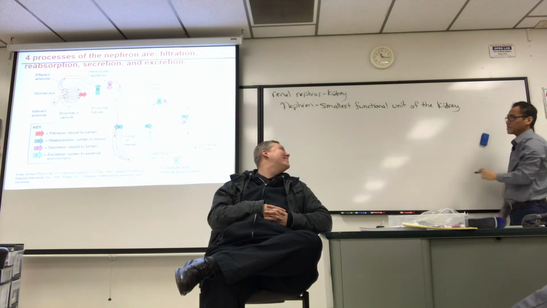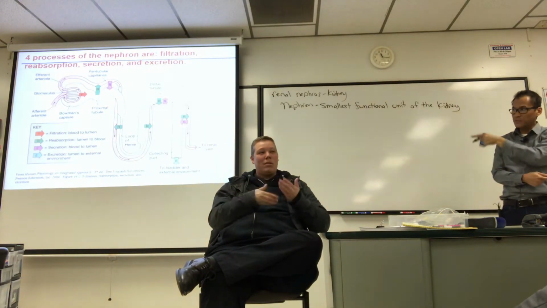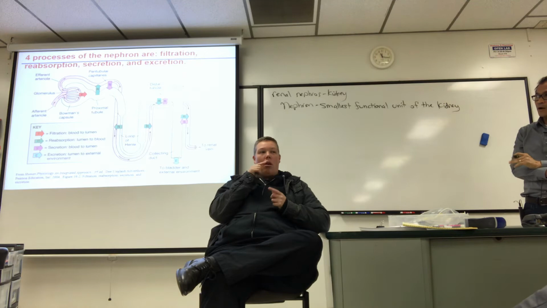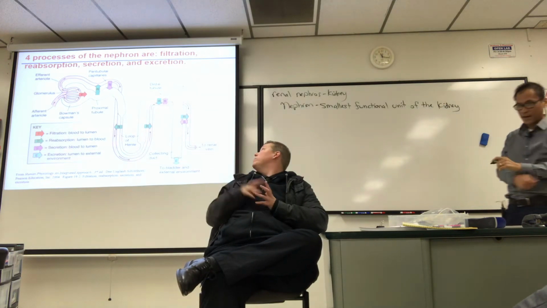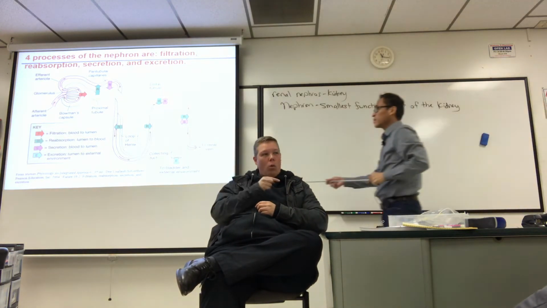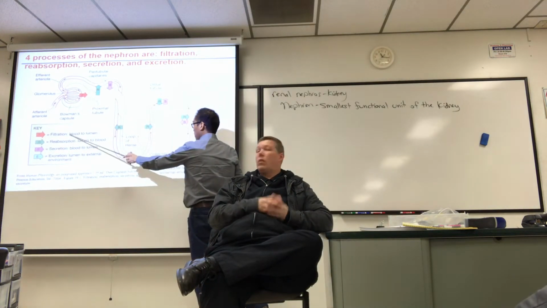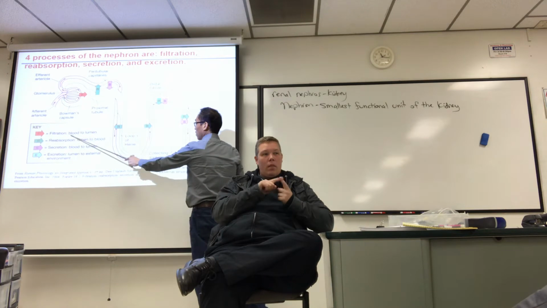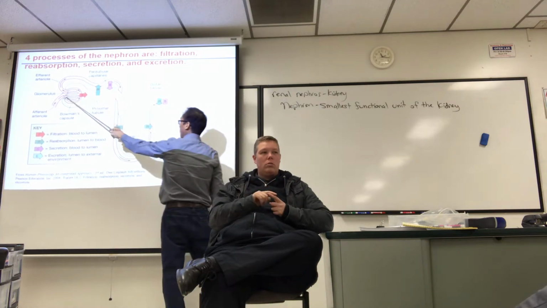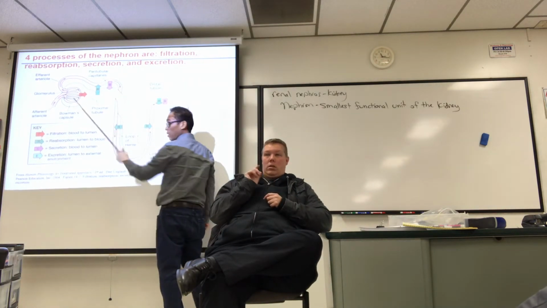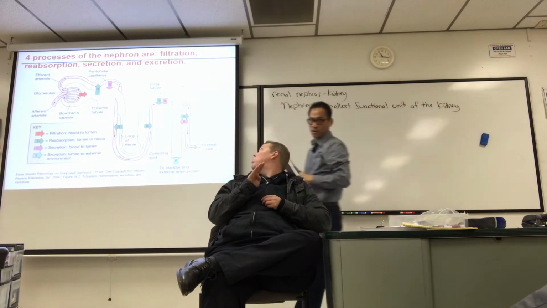And the basic processes of the nephron are shown with those colored arrows. The first arrow is filtration, that red arrow. You filter the blood plasma, you modify the filtrate, and you got urine. So you filter right there. This special capillary in the kidney is called the glomerulus, and that's where the filtration function occurs.